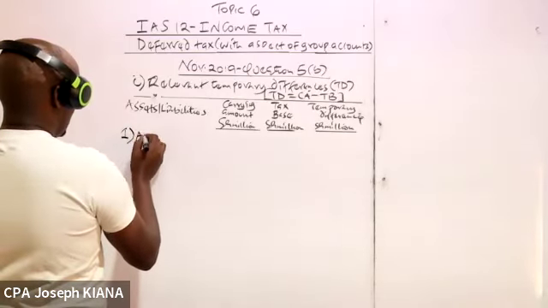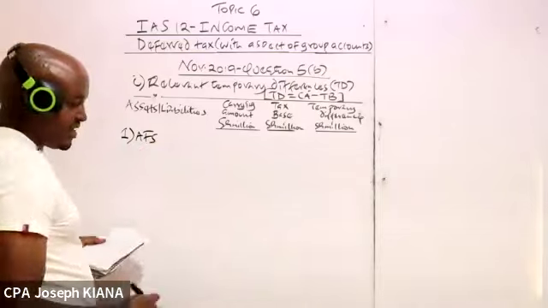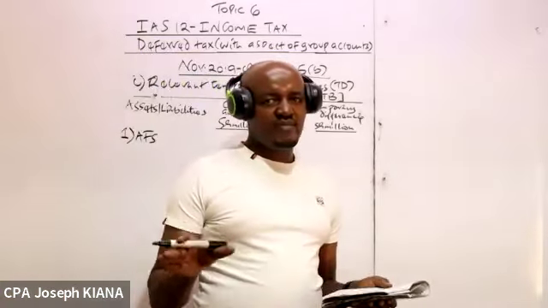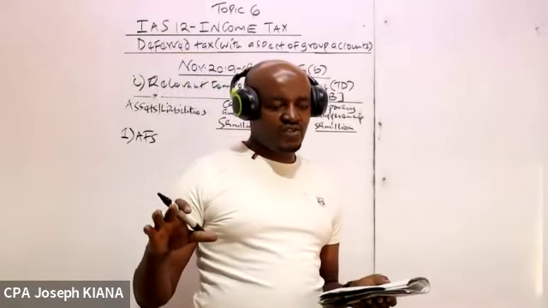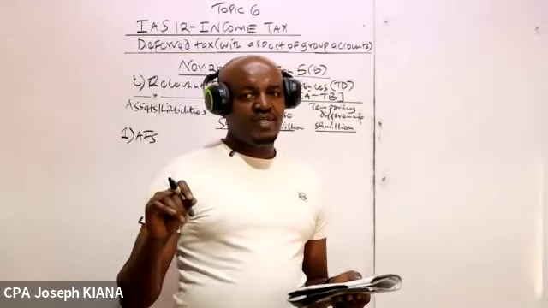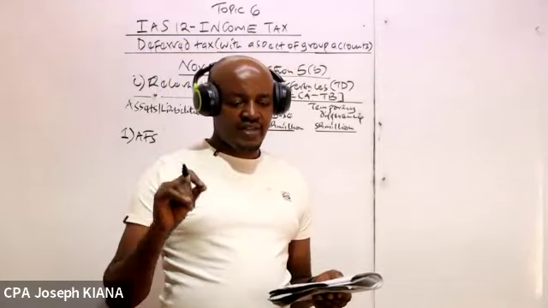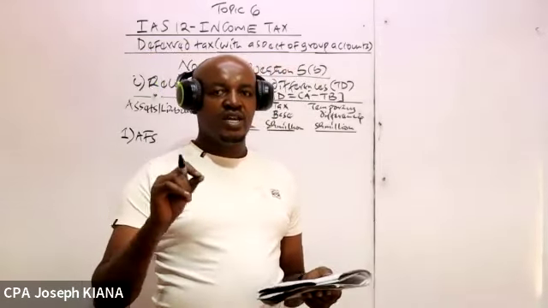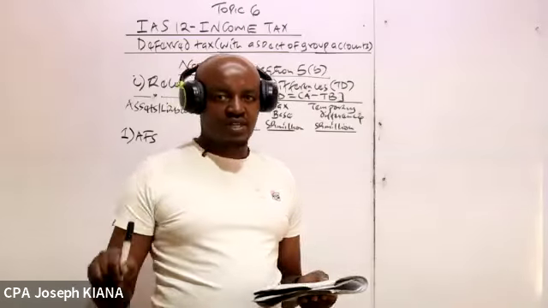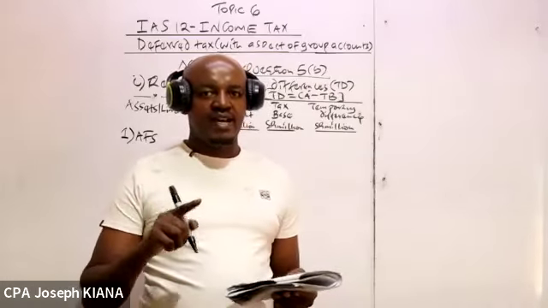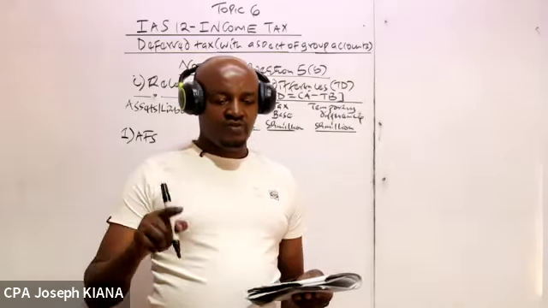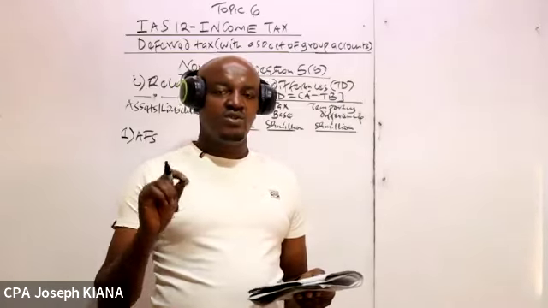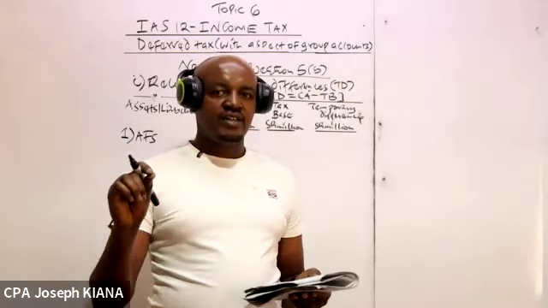So the first one is called available for sale financial asset. But if you can recall in our previous topic, we didn't come across this available for sale financial asset. There is something I mentioned, that financial assets were previously classified using IAS 39, which has already been scrapped and superseded by IFRS 9. So one of the classifications of financial asset under the old standard IAS 39 was financial asset available for sale.